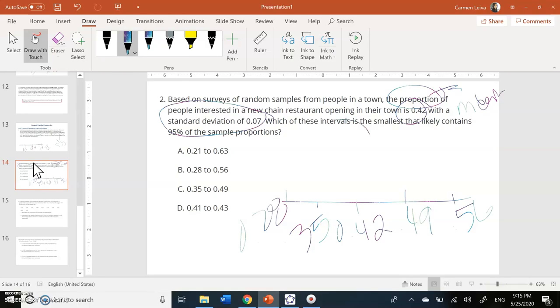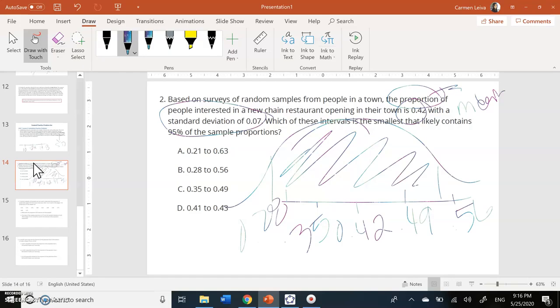Okay, so I will create my normal distribution here. And then I know that this is my 95%, so I just need to match my A, B, C, or D. If you chose C, that's wrong, because that's within one standard deviation. That's just 68%. Then 0.21 to 0.63 is not even there.